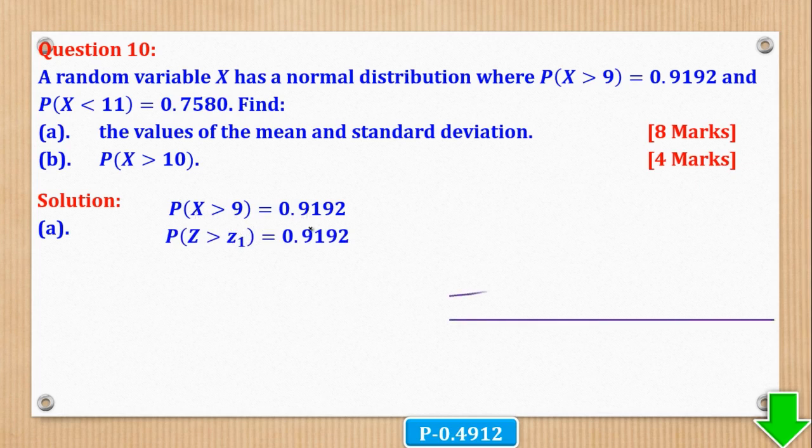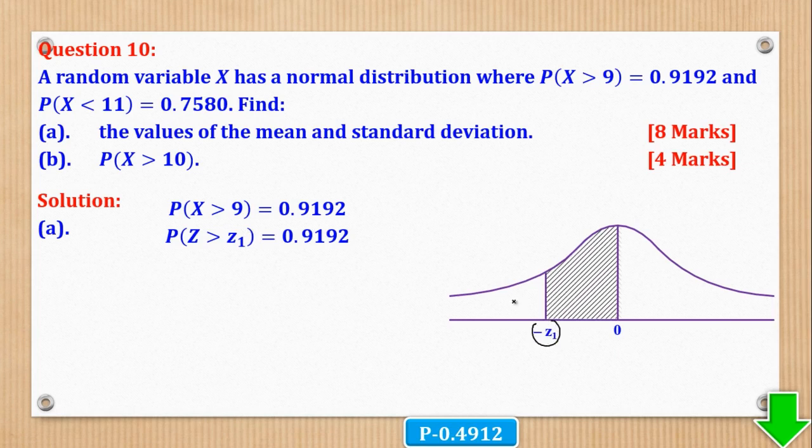Then we shall sketch. Sketching helps us to identify whether the Z value will be positive or negative. So I'll put my Z1 here and shade greater than. I have put a negative because from here going this side is positive and this side is negative.